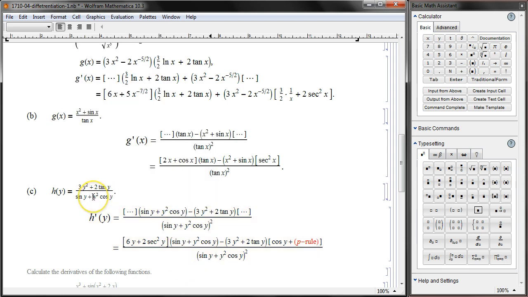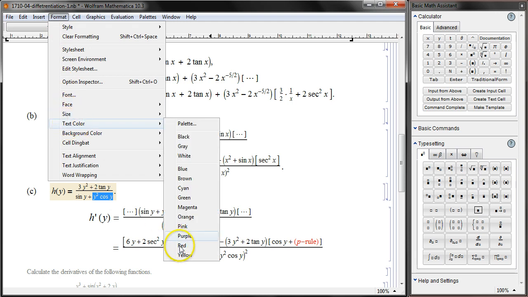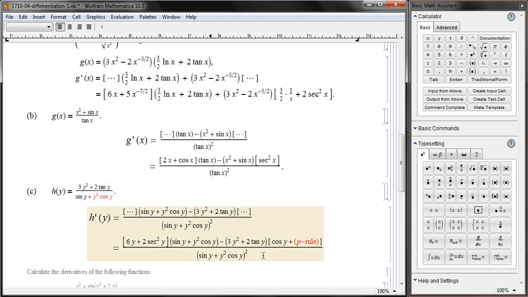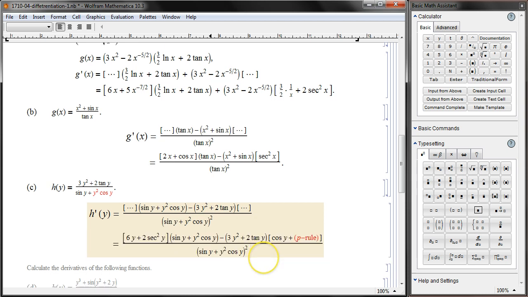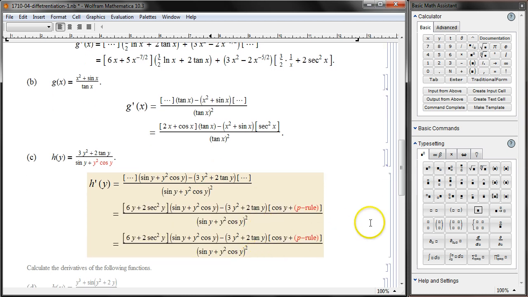The product rule for this part. I could have just done it here, but I decided to slow down like this. And then let's consider this derivative here.